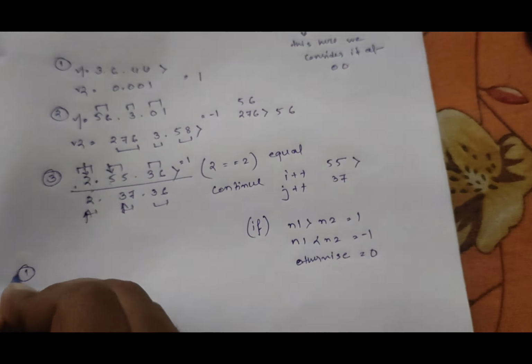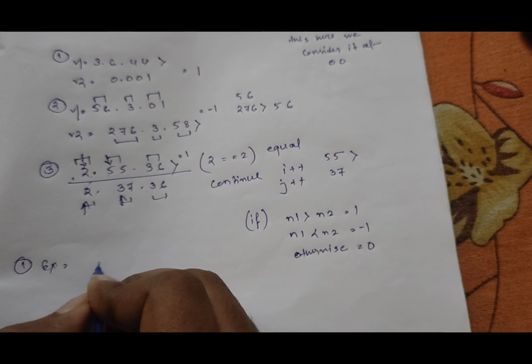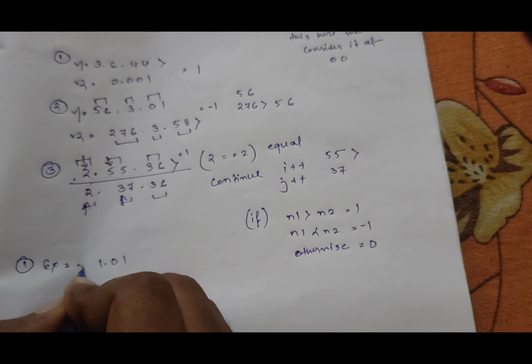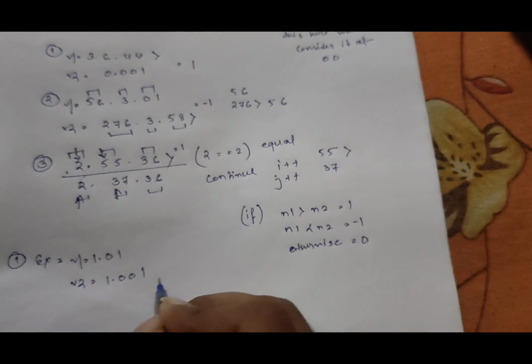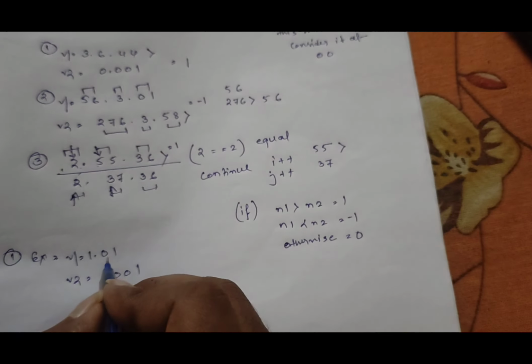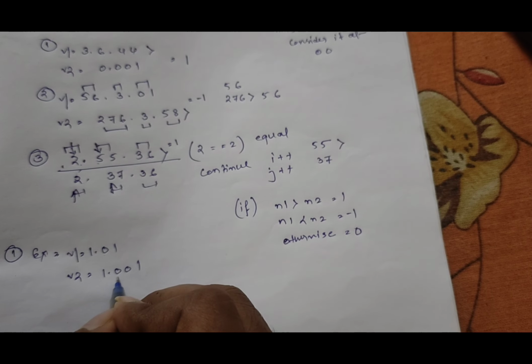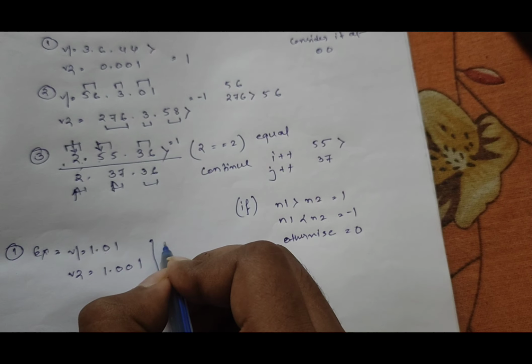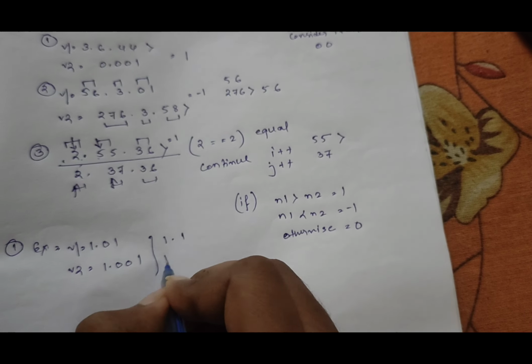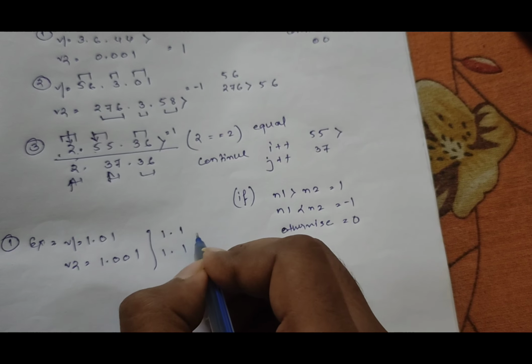Just check with the given examples. Example 1 is given as 1.01 in version 1 and 1.001 in version 2. The leading zeros are not counted, so the numbers are 1.1 and 1.1, so they are the same.